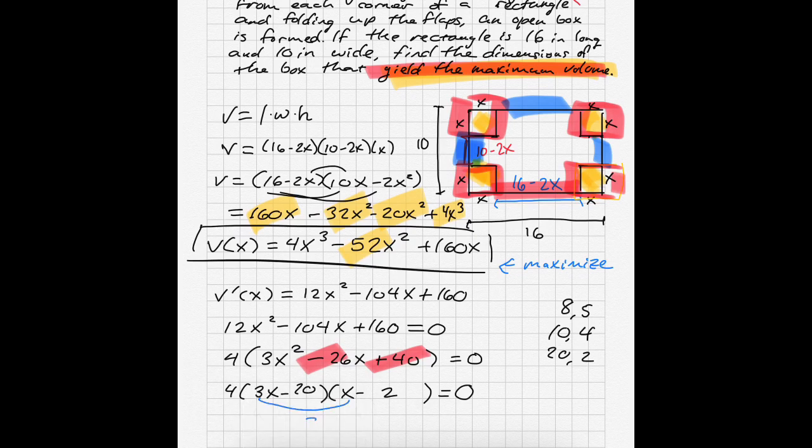Multiplying this out, that'd be 3x squared minus 6x minus 20x plus 40. Oh, look at that, that gives me my negative 26. So it looks like I got that right.